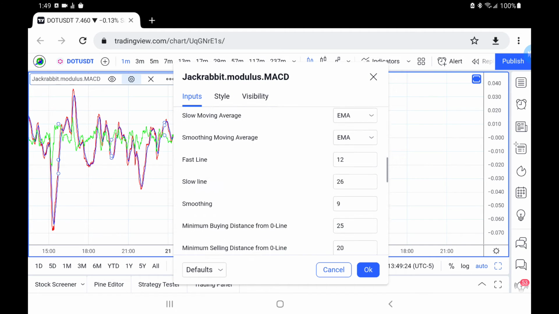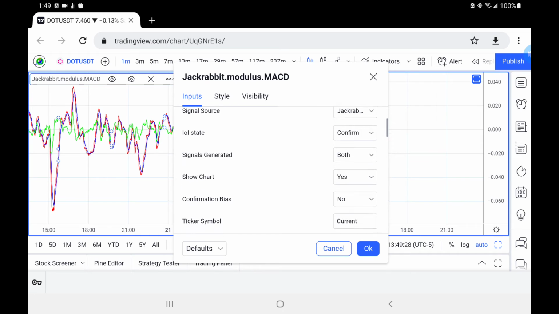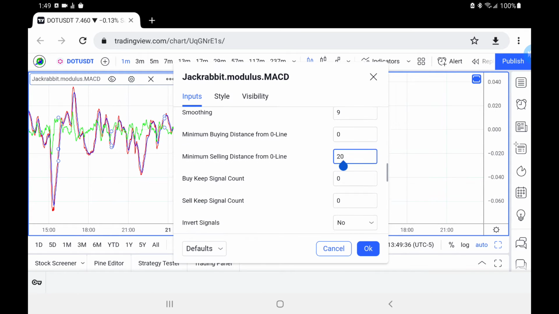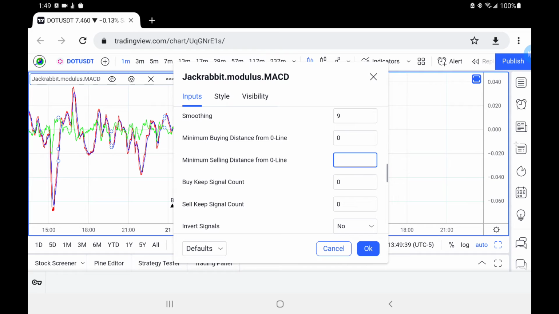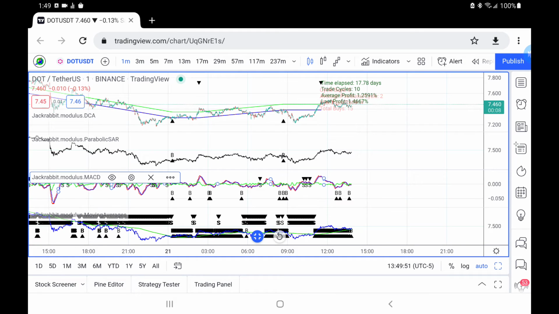You have to tune it for each and every coin, particularly to your own personal risks. For now, I'm going to set both to 0, meaning it can be any distance from the 0 line. And as you can see, there's a lot of noise. But let's see how this recipe handles that noise.